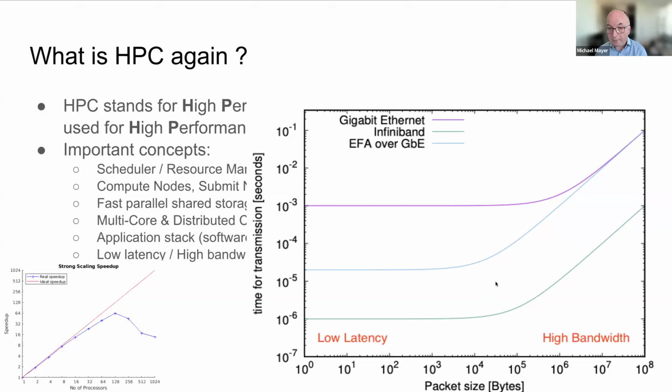That's one of the reasons why many supercomputing centers are investing in this InfiniBand network, which, as you can see here, is the lowest line, which has the lowest latency of about one microsecond, 10 to the minus 6 seconds. One microsecond and 1 nanosecond is still 3 orders of magnitude away, but it allows for much better performance in terms of scalability. All right, so this is that part.